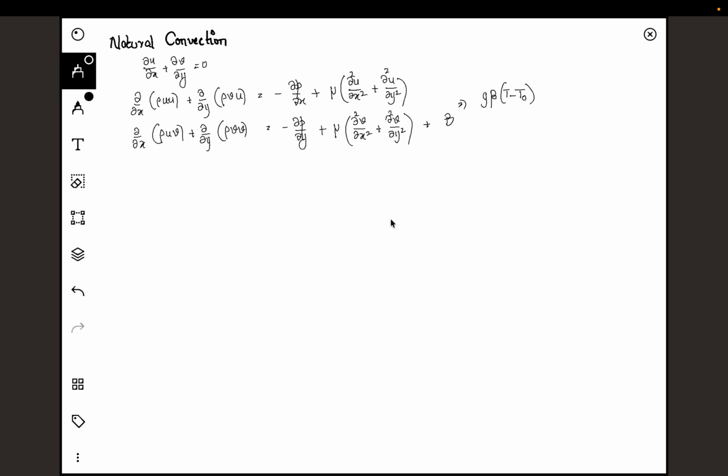Under some conditions which we will not go into, there will be some source term in addition to whatever we discussed up until now, and then we'll have one more equation for temperature. There will be some constant. You can take rho also on the other side.